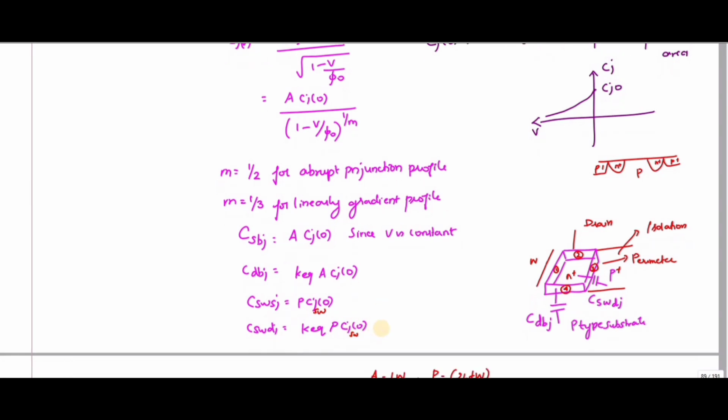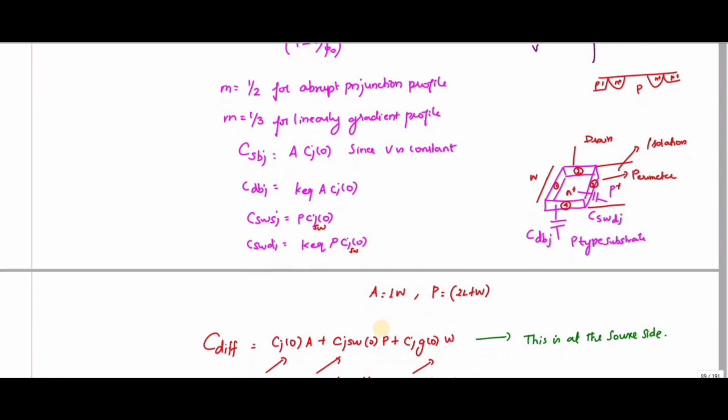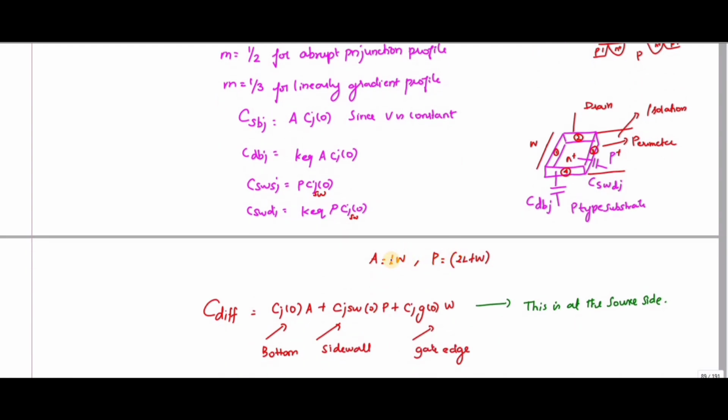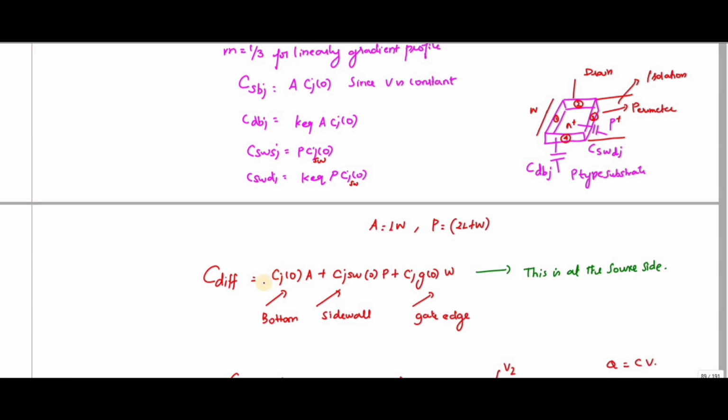Here A means length into width, and perimeter means length plus W. So I can write the diffusion capacitance as Cj of 0 into A, plus Cj of sidewall capacitance into perimeter, plus Cj of gate edge into width.